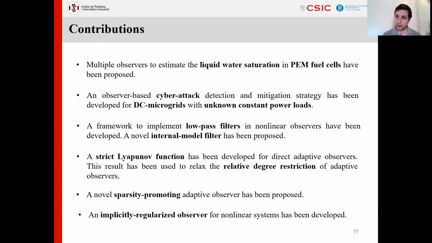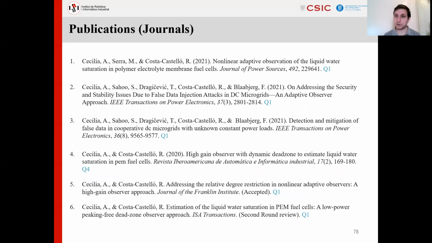On the one hand, a new direct adaptive observer redesign that can be implemented in systems with over-complete regressors, and finally, an implicitly regularized observer. It should be mentioned that these results have concluded in a set of journal publications that are summarized in this slide here. Moreover, it has also concluded in a set of conference publications that are summarized in the following slide.